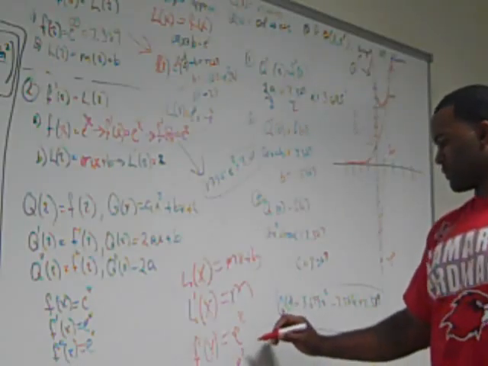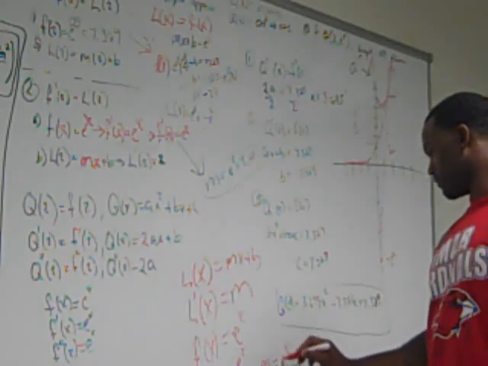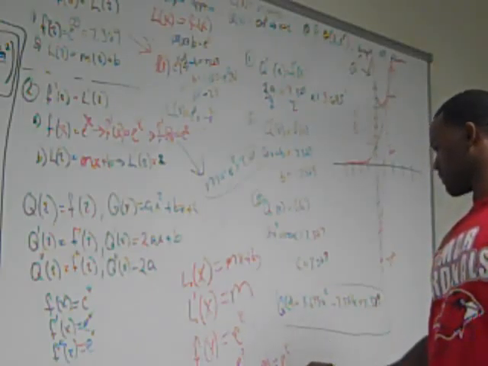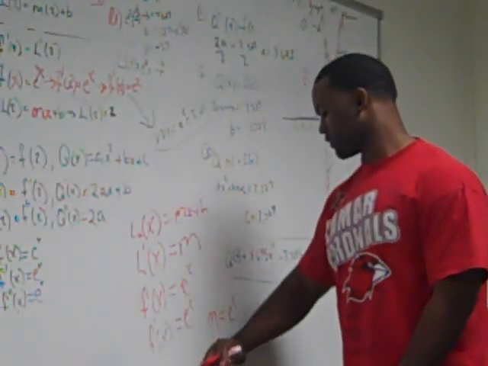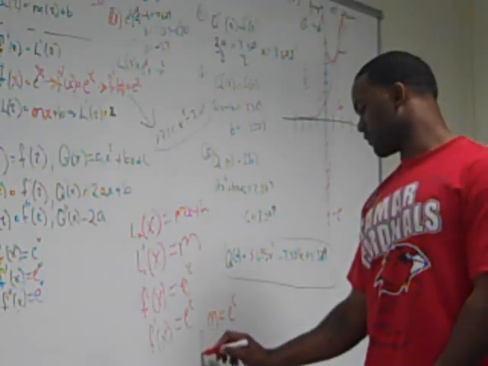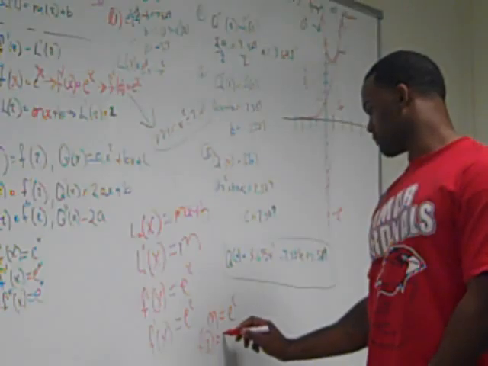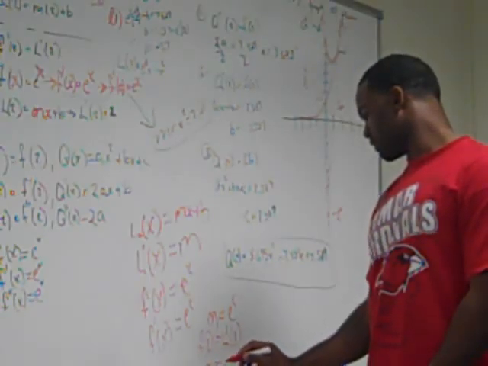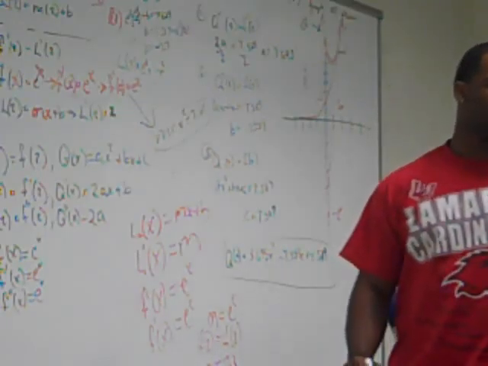So then you set them equal to each other. m is equal to e to the x. Whenever you take f prime of 2 equal to L prime of 2, you get m is equal to 7.3, right?